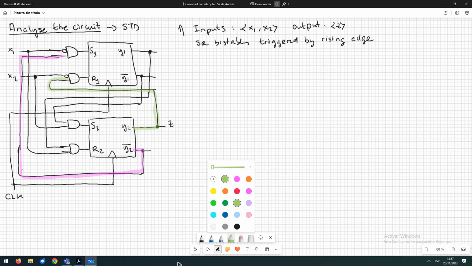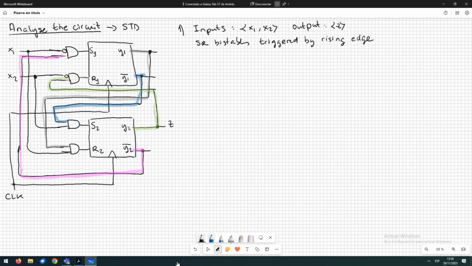In the other gates we have, for example, here the negated state variable of the first SR bistable, and here we have the state variable not negated of the first SR bistable.